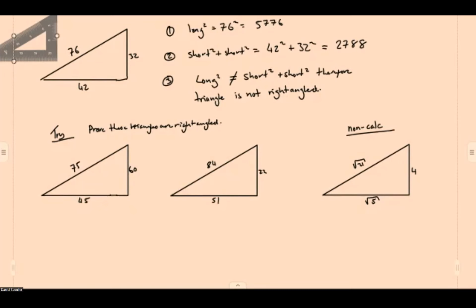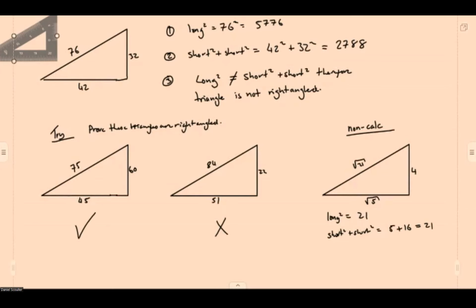Nice one. So I won't go through them both, but that one is. That one isn't. This one's a wee bit trickier. So long side squared is equal to 21. Short side squared plus short side squared is equal to root 5 squared, which is 5 plus 16, which is also equal to 21.